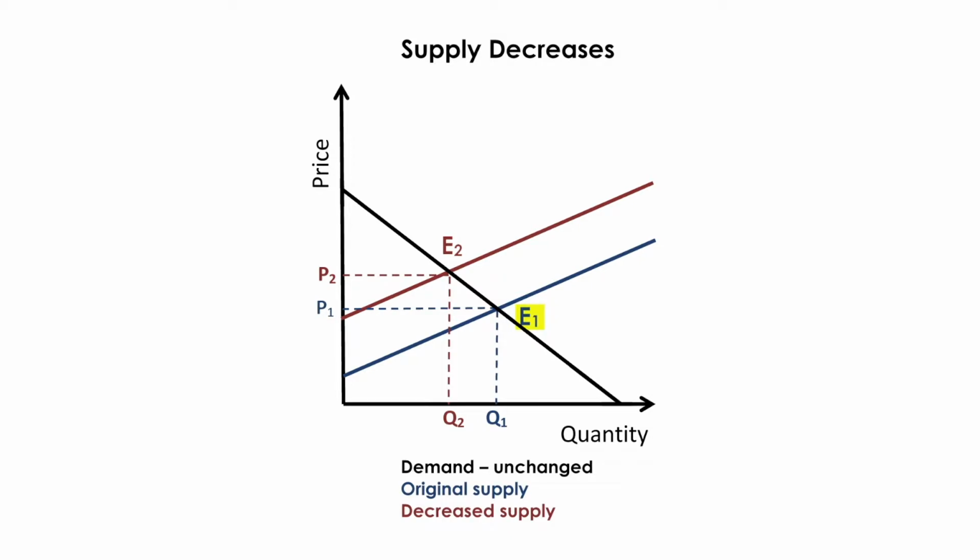In equilibrium 1, we have got Q1 quantity sold at P1 price. Now, what happens if we compare this with equilibrium 2? In equilibrium 2, the quantity Q2 is smaller than Q1, but price P2 is bigger than price P1.